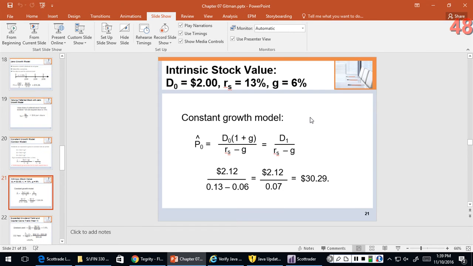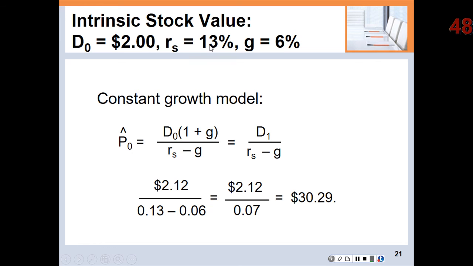Here's an example of a company. It recently paid a dividend of $2 per share. The required return on this stock is 13%, and the stock is expected to grow at a constant rate of 6% per year into the foreseeable future. This is D0, so we would plug it in here.